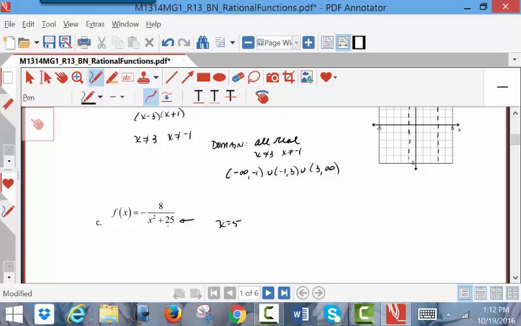That would be 25 plus 25. Okay, so would negative 5 do it? No. So actually, it's because of this plus sign right here that it's not following the pattern. Had it been a minus sign, you would be right on track with those numbers. But with the plus sign, there are no numbers that make it undefined. So there are no vertical asymptotes.